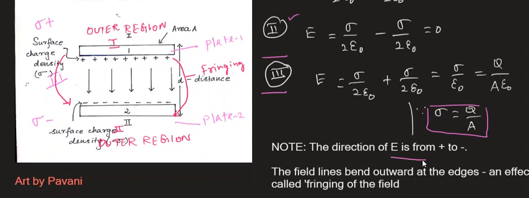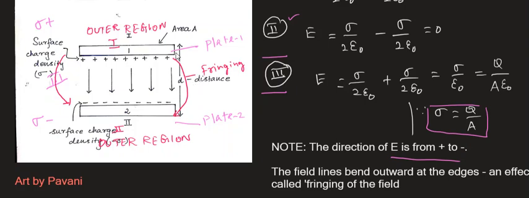These field lines sometimes bend at the edges because it is not uniform. Within the inner region they are parallel, they never intersect. But in the outer region, you can find a curved field.